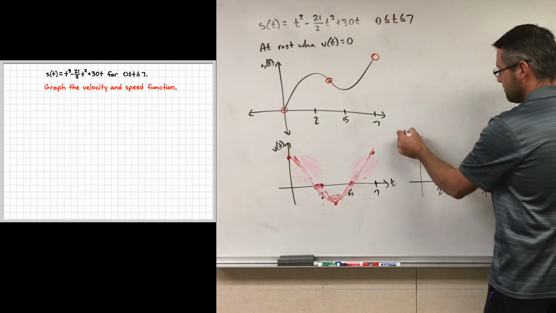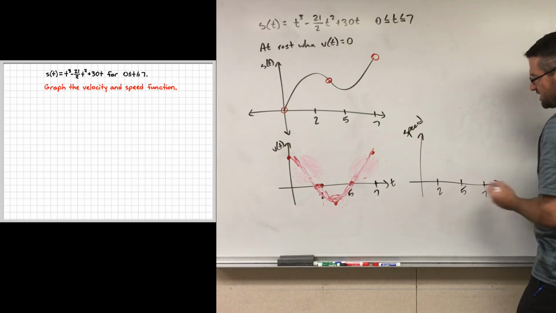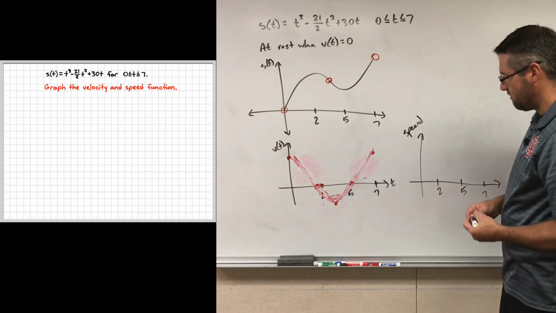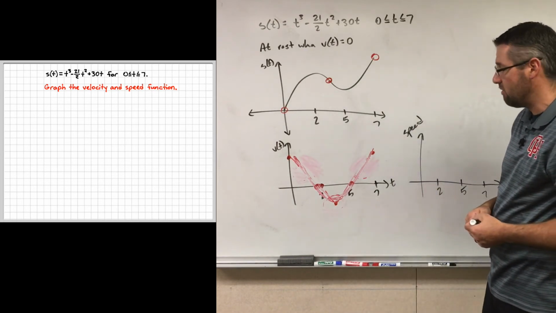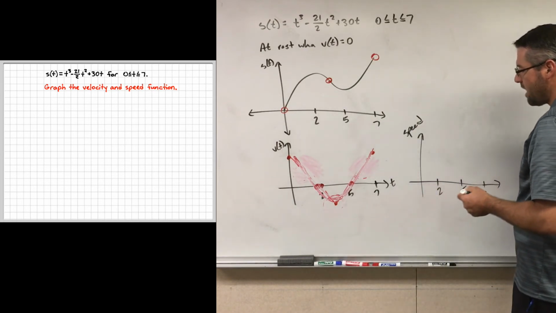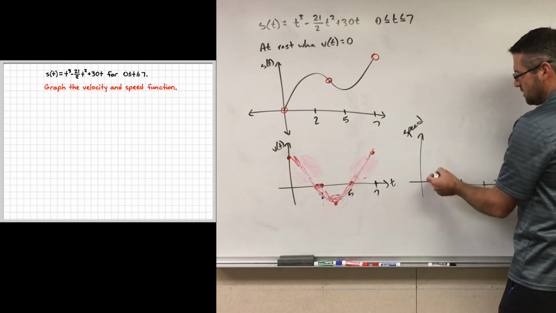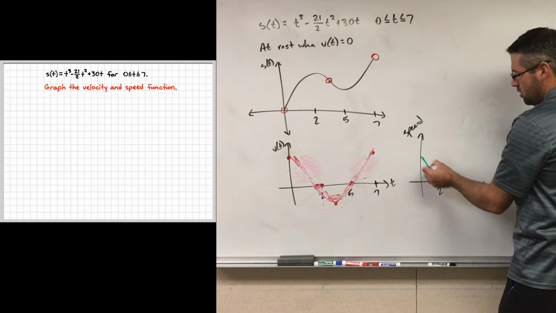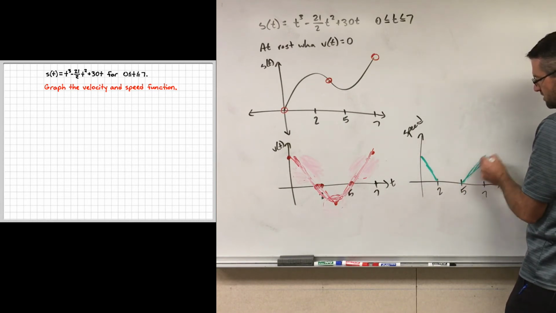Okay, so this is my speed graph in respect to time. What's different about the velocity graph and the speed graph? Well, remember, speed is the absolute value of velocity. So that means whenever velocity is positive, the speed is the same thing. So we're going to get the same exact look from 0 to 2, and the same exact look from 5 to 7, something like this.